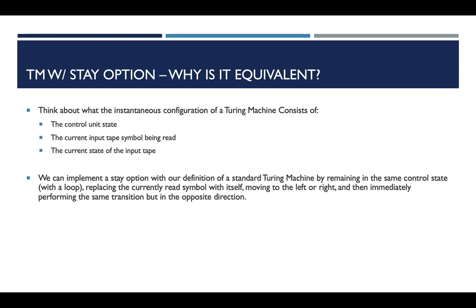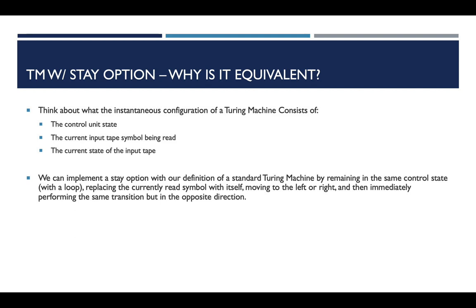So what we can do is effectively leave the control unit state untouched. In the transition function, we can have the exact same state as the output of the transition function. And we can do the exact same thing with the symbol that's currently being processed by the read-write head.